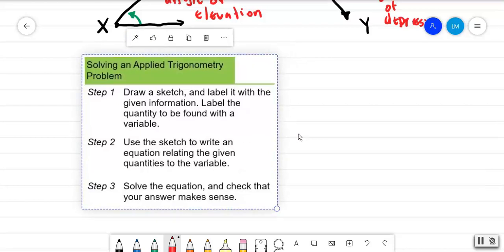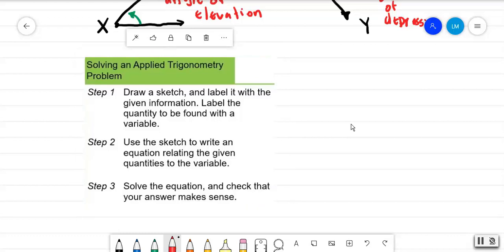So be sure that you pause the video and go through the process that they say. They say to draw a sketch, label it with the given information, label the quantity to be found with a variable, use the sketch to write an equation relating the given quantities to the variable, and then solve the equation and check that your answer makes sense.